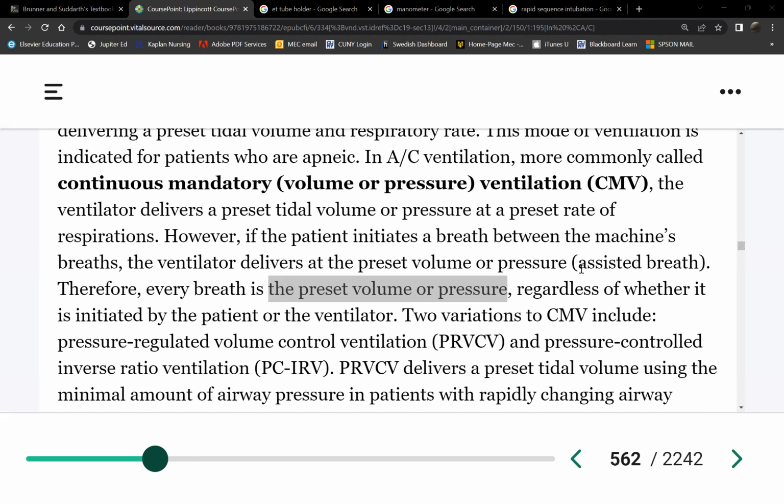So let's say this line here is zero pressure, and we can tell whether it's the ventilator giving the breath based on the pressure. Is the ventilator positive or negative? Positive. So the patient will get a breath from the vent.